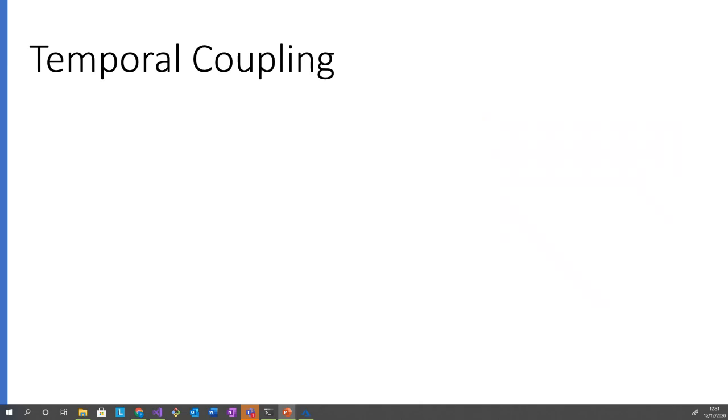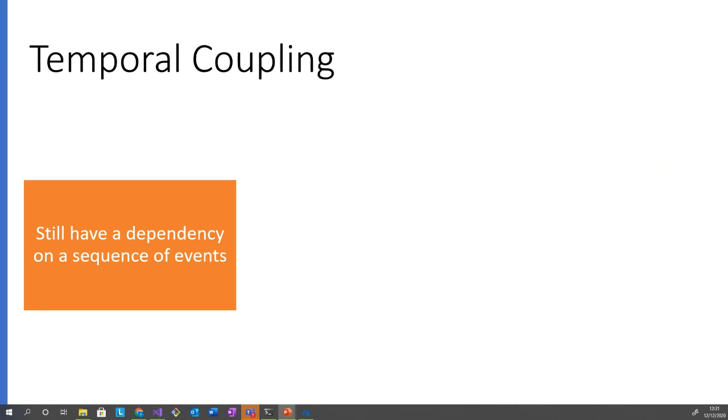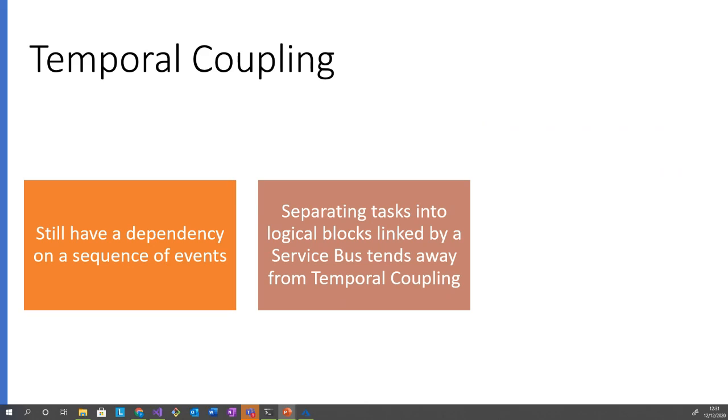Okay, and how have we solved temporal coupling? We do still have a dependency on a sequence of events. Ultimately, if you have a sequence of events that's a business-driven set of rules, place the order, get the customer's address, dispatch the order, raise a credit note, whatever these things are, they have to happen in an order that's not based on the technology, it's based on the real world. But separating tasks into logical blocks tends away from temporal coupling.